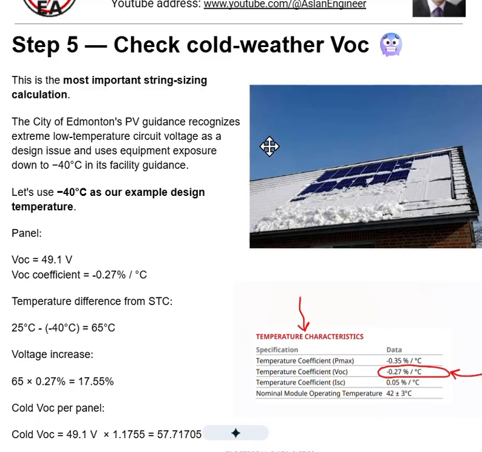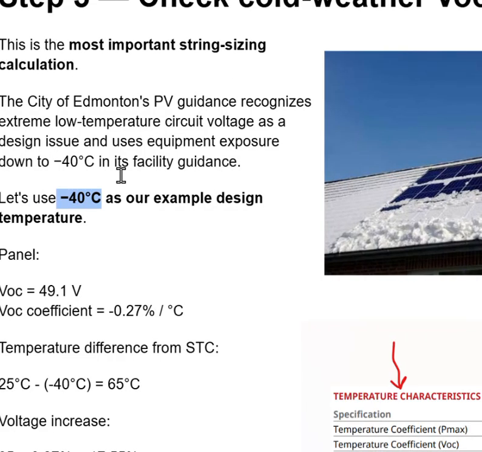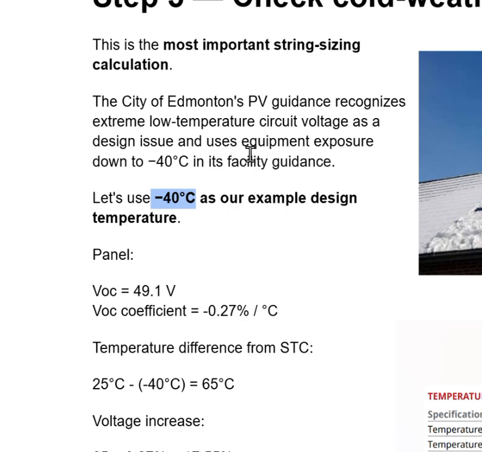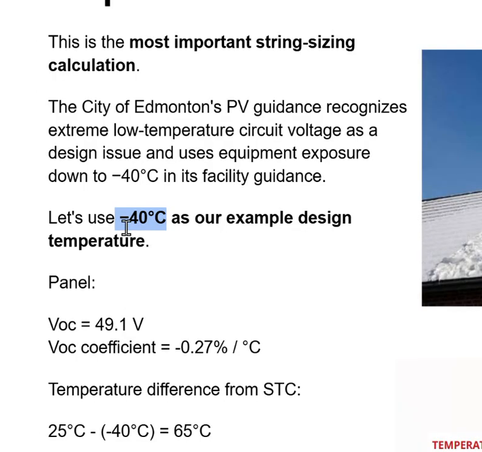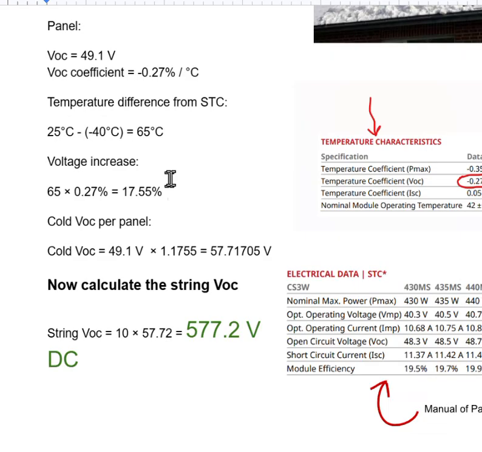It's about Edmonton, it's about Calgary, it's about the cold weather like most of the cities in Canada. So in this case, you need to check the city, for example the city of Edmonton. If you go and check this website, you can see minus 40 centigrade for the panel system.